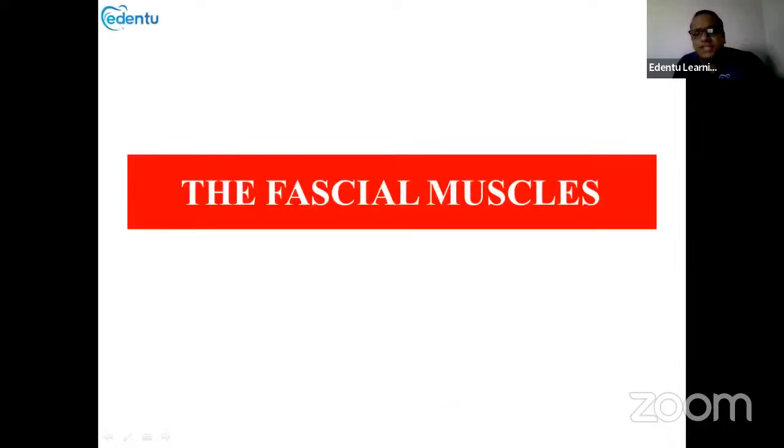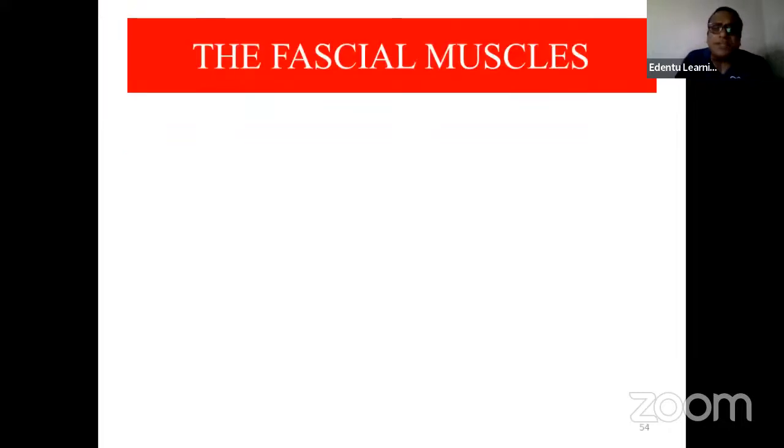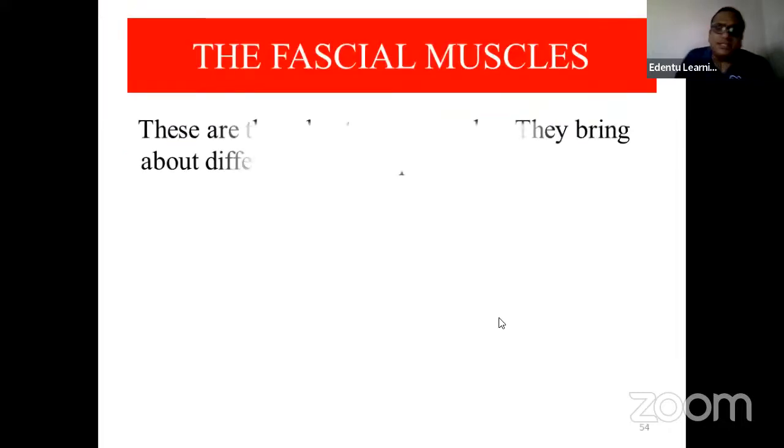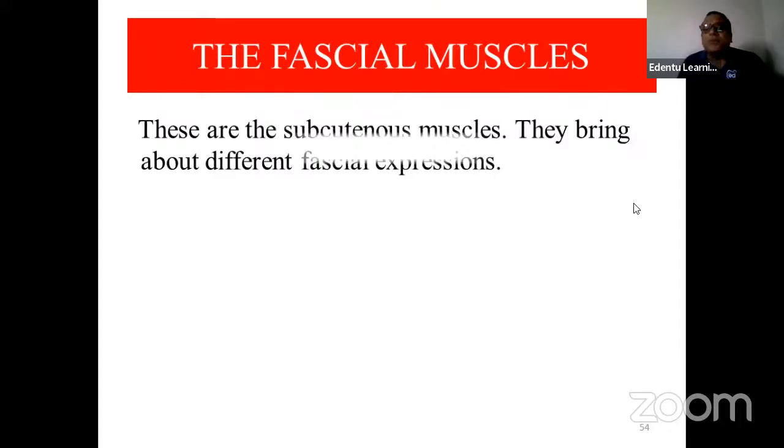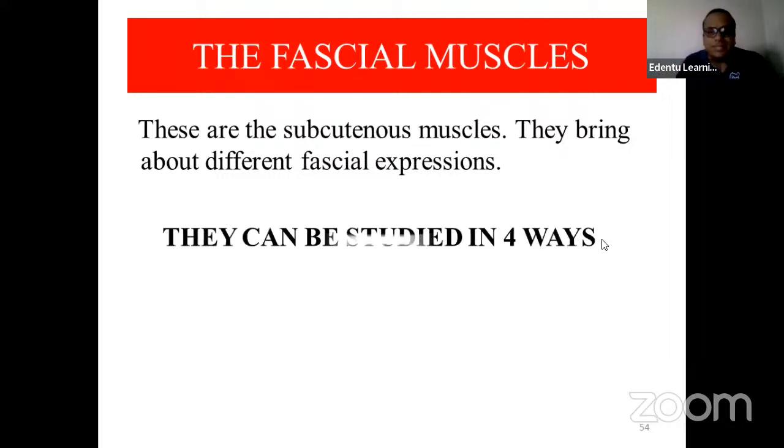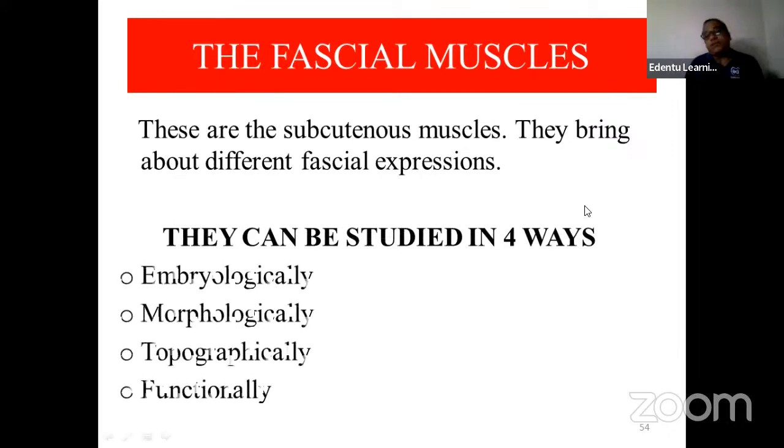Next question, facial muscles. This is from your scalp, temple, face chapter. Dear friends, facial muscles you are reading for a very long time, but the problem is it's a little difficult to recollect and remember all the names of the muscles. So facial muscles we generally study in 4 different ways.